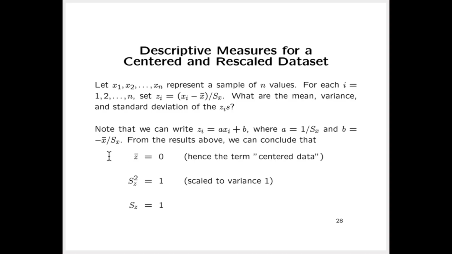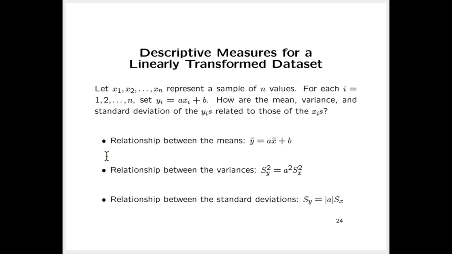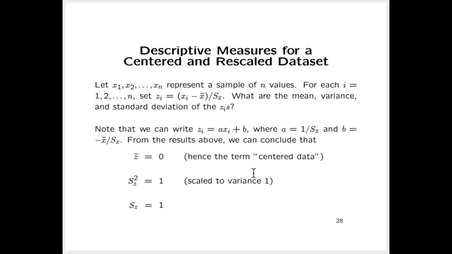And so from the results that we obtained on the previous slides, applying these results to this particular situation, we can very quickly conclude that the sample mean of the z variable is now 0.